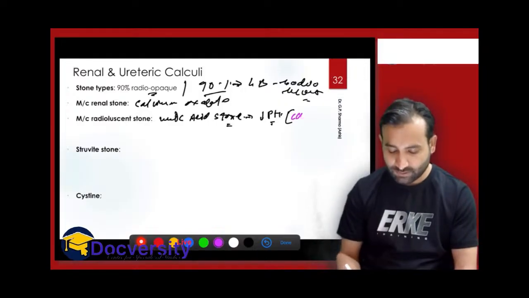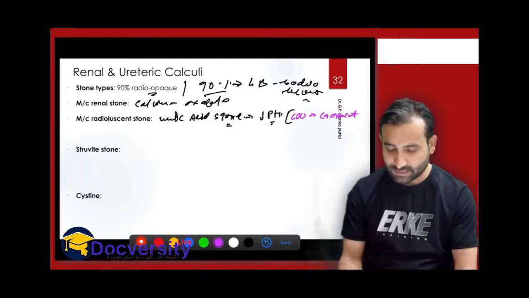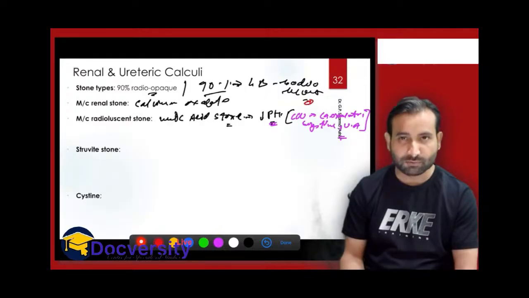Some of the examples of the stones that form in the acidic urine are CCU. That means what? Calcium oxalate, cysteine, and uric acid, right? So these are the stones that form in the low pH acidic urine. CCU, remember this one. This is a question in the exam.